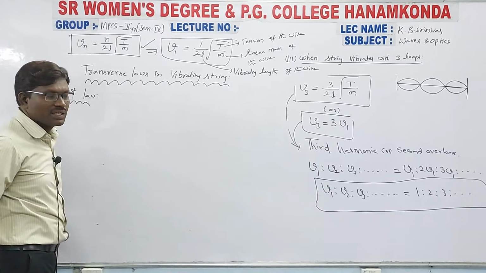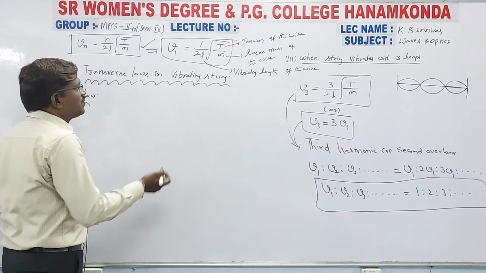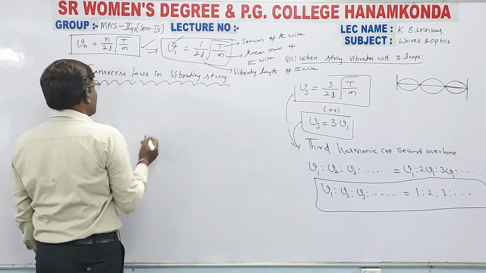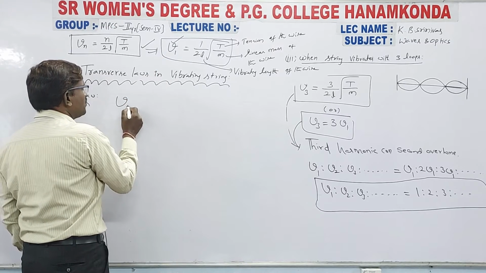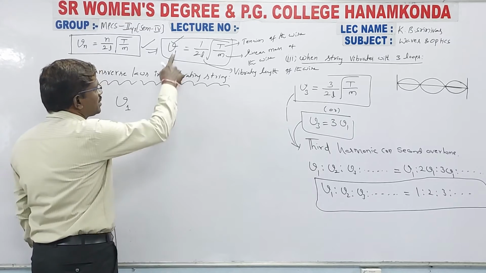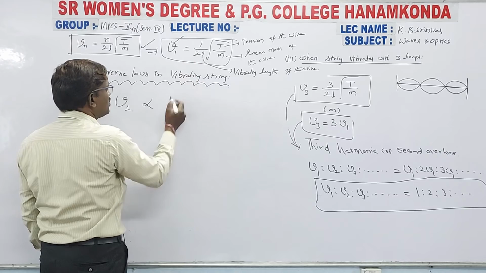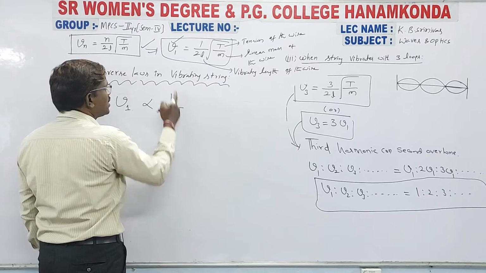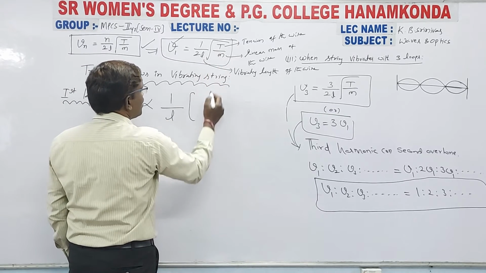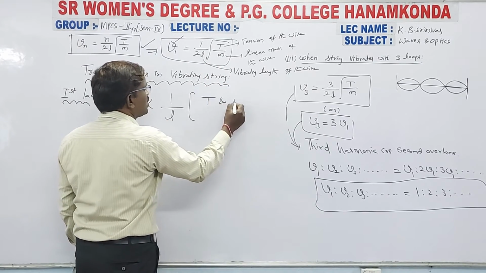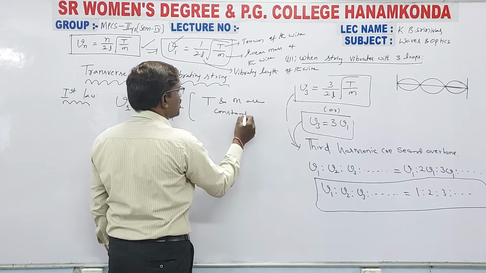Transverse laws. The first law can be explained like this. The fundamental frequency of the wire is inversely proportional to the length of the wire when tension and linear mass density are constants, known as what?